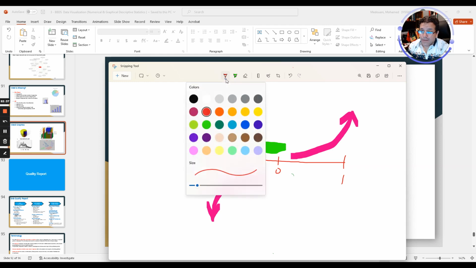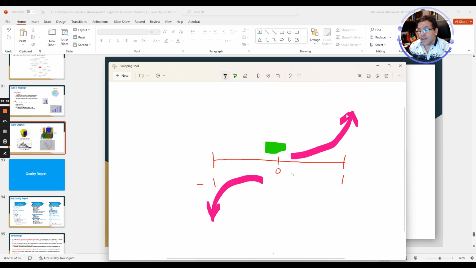An example of positive correlation is the number of rooms versus the price of a house. An example of negative correlation is the age of a house versus price.